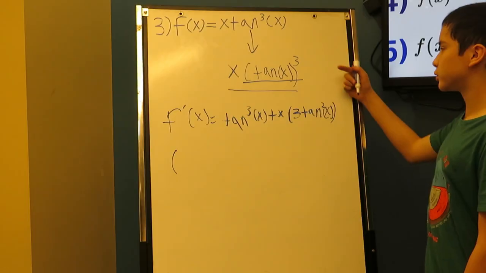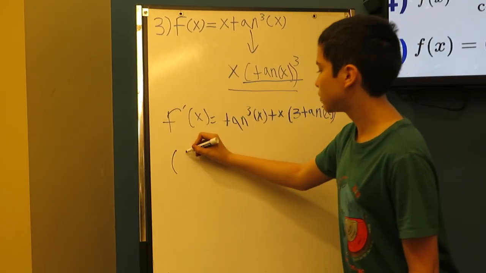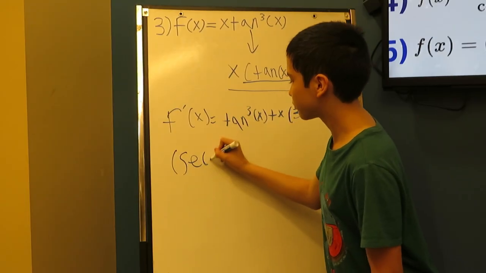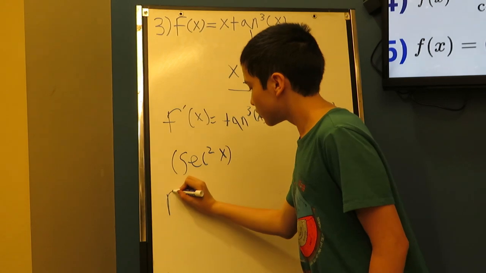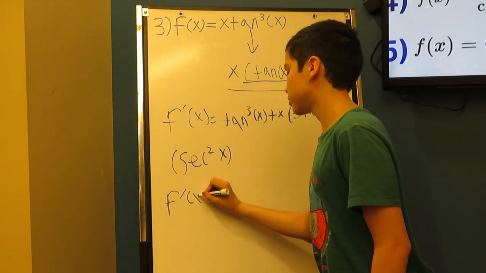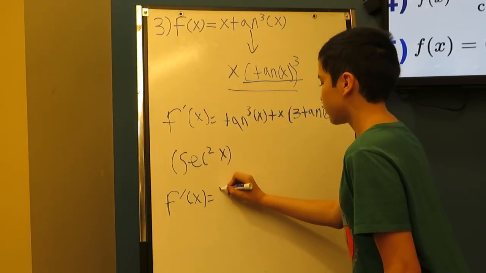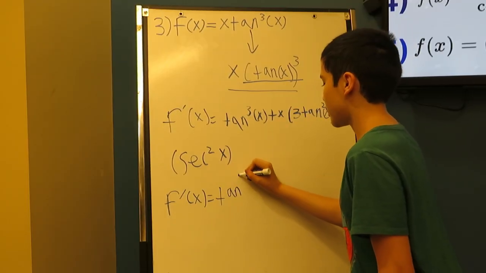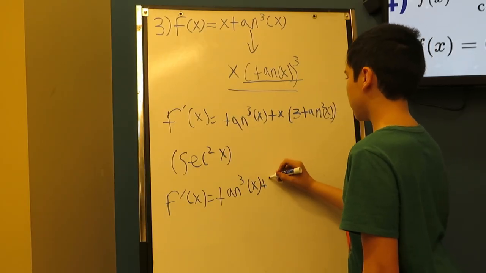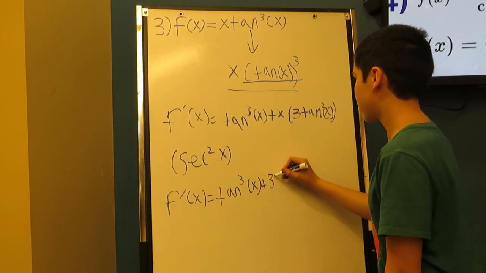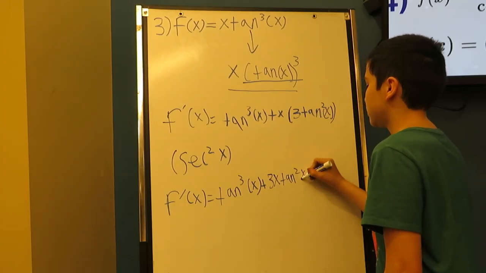We know that the derivative of tangent of x is equal to secant squared of x. So our simplified expression would be f prime of x equals tangent cubed x plus 3x tangent squared x secant squared x.